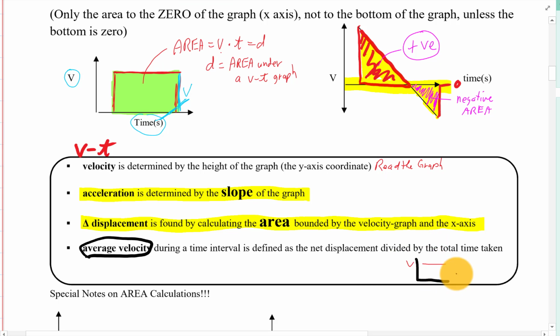If that's a velocity time graph, then that's the average velocity. But if the velocity time graph goes like that, how do you get the average velocity? We go back to chapter 1. What's the average velocity? Net displacement, total displacement over the total time. That's how you do it.